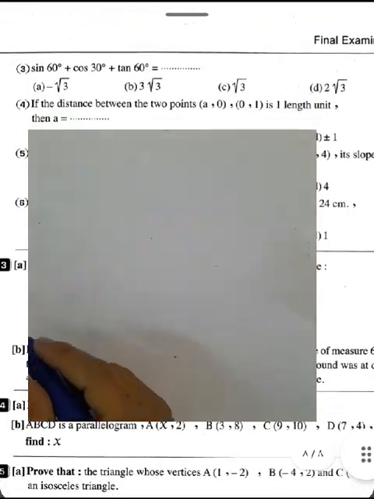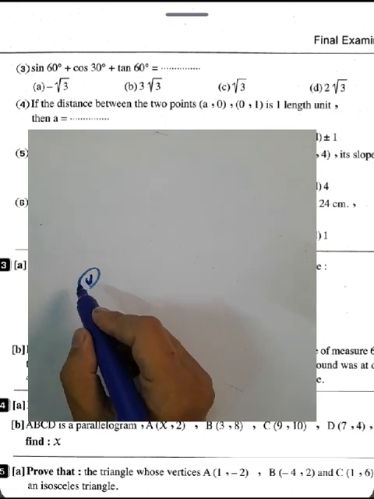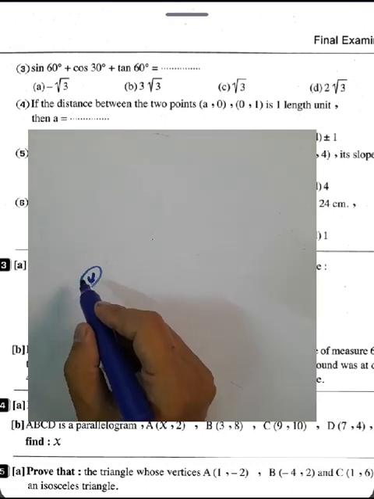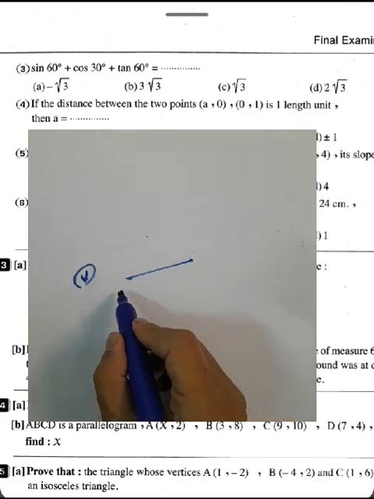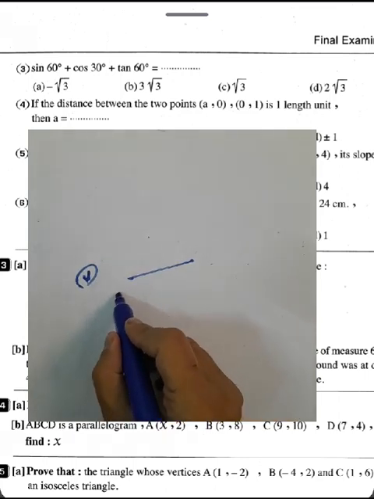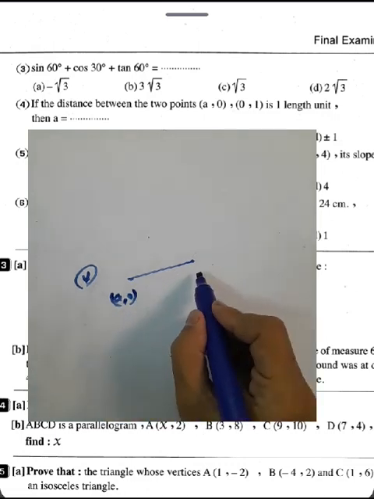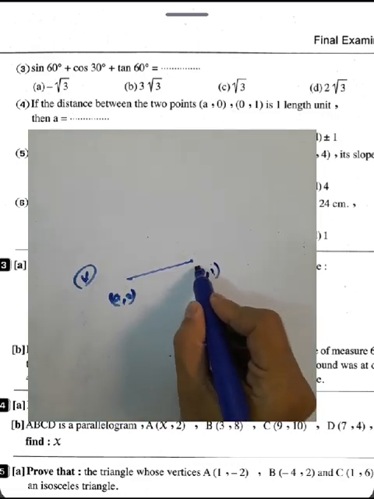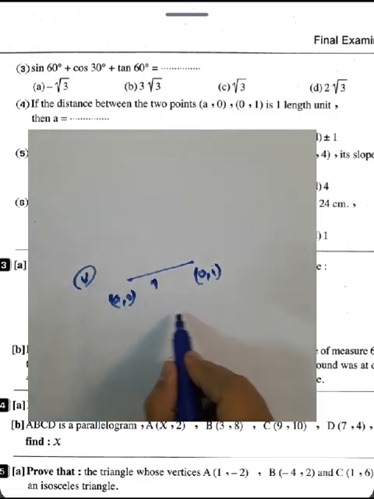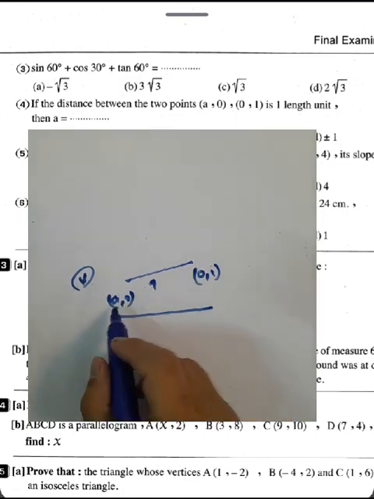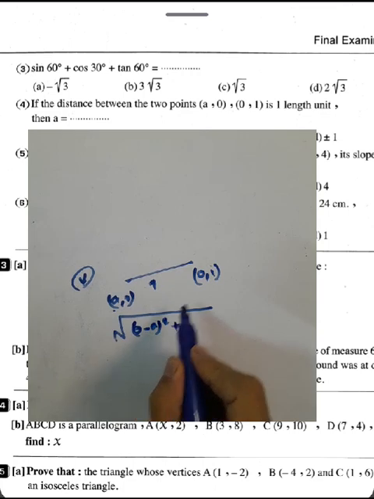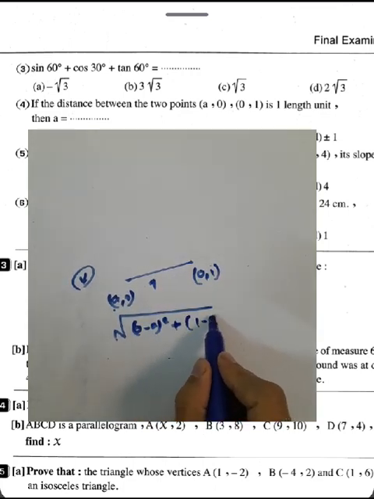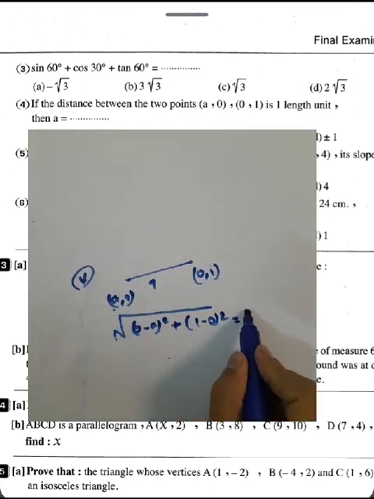Number 4. The distance between 2 points is 1, then A will be equal what? We have the point A and 0, and here 0 and 1. The distance between them is 1. We can find square root of 0 minus A power 2 plus 1 minus 0 power 2 equal 1.